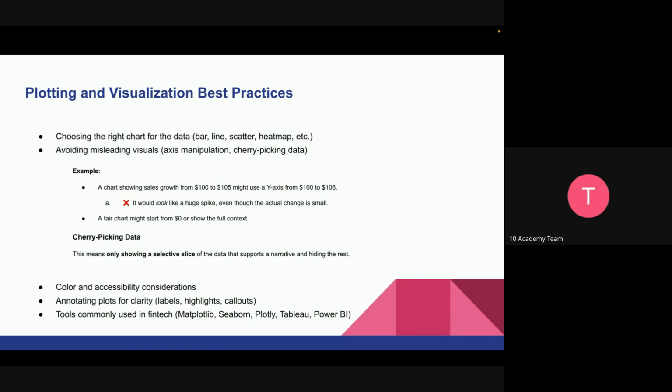The other is color and accessibility consideration. This covers all the things that you put on your graph to increase users' receptiveness to that graph. So you need to be really careful which colors, which chart I should use, labels, highlights, callouts.